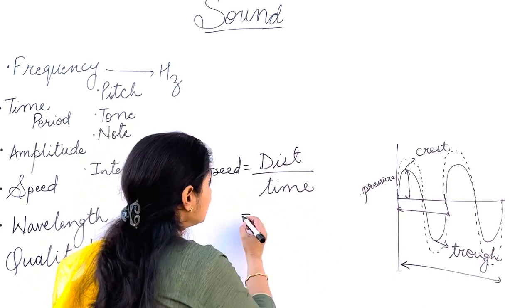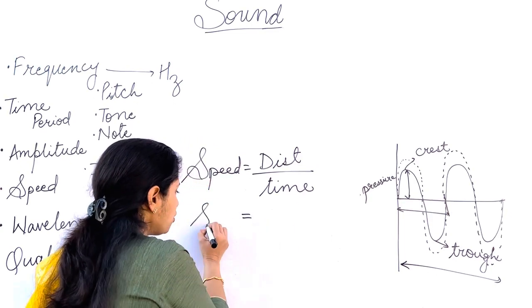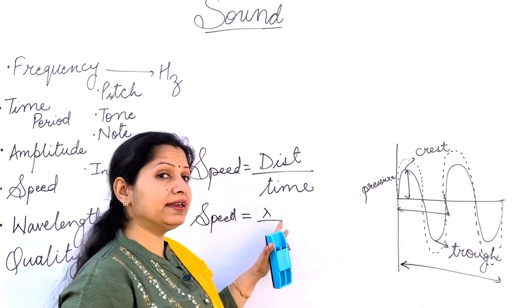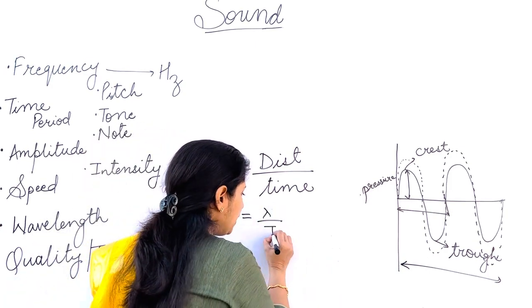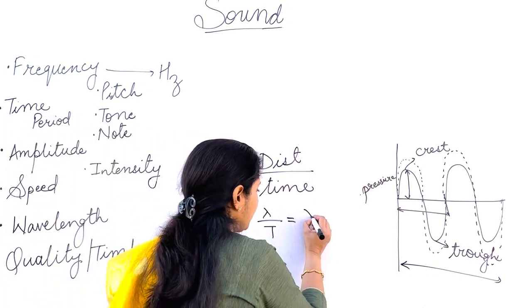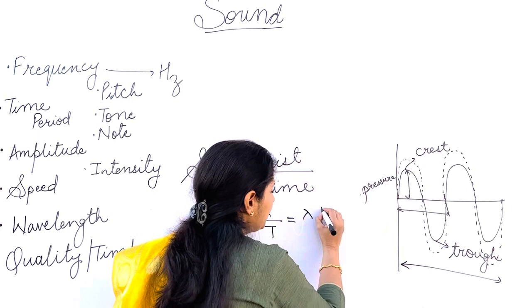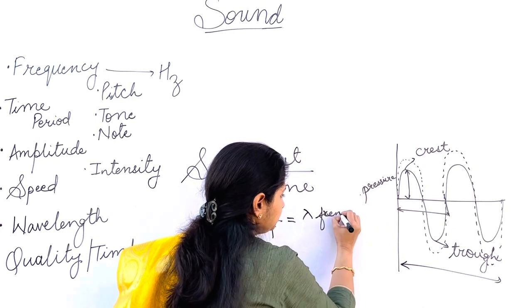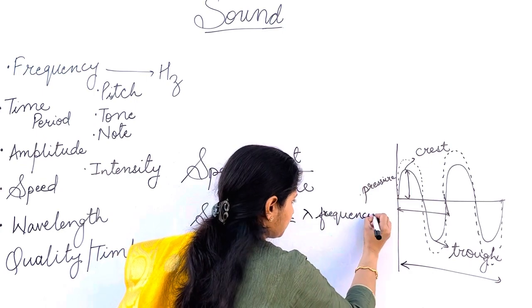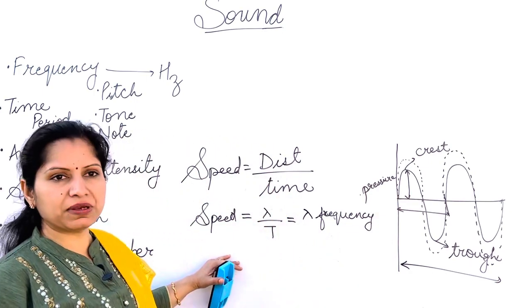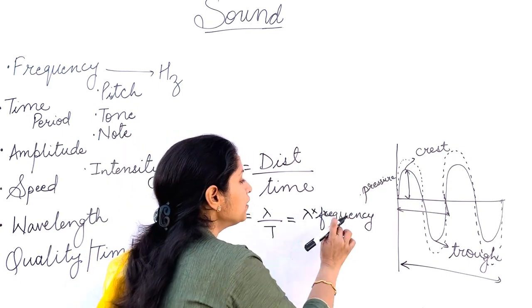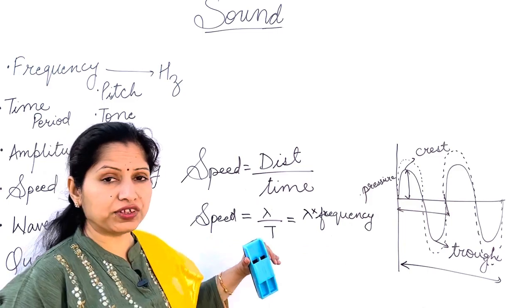So the speed of sound is given by wavelength divided by time. Now 1 upon time period is frequency. So wavelength multiplied by frequency of the sound wave will give you the speed of that sound wave.